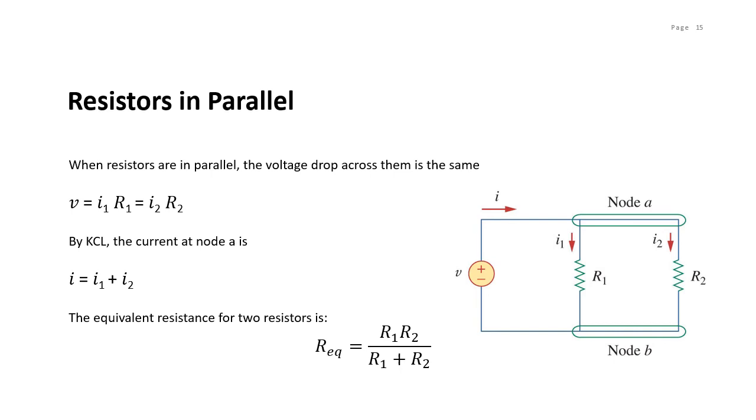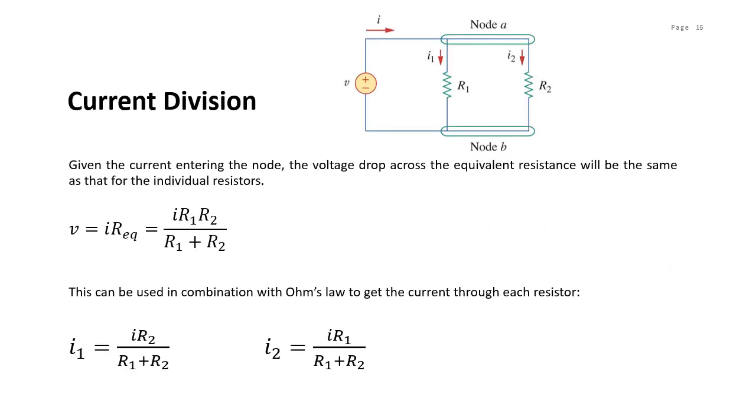But it must be emphasized that this only applies to two resistors in parallel. In this case, given the total current I entering node A as shown in this circuit, how can we obtain currents I1 and I2? We know that the equivalent resistor has the same voltage, or V equals I R equivalent equals I R1 R2 divided by R1 plus R2.